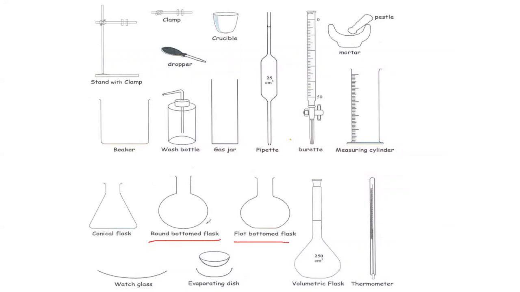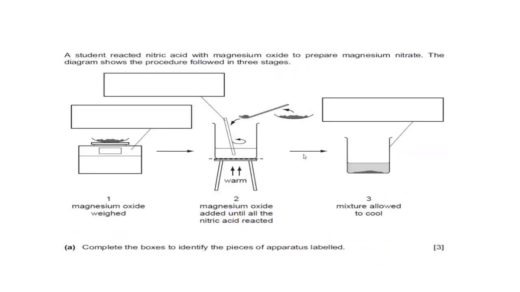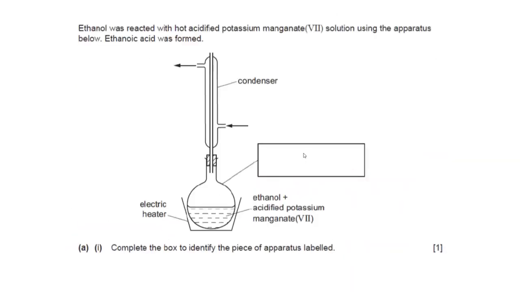Which flask is shown in the picture? A round or a flat? So it is a round bottom flask.